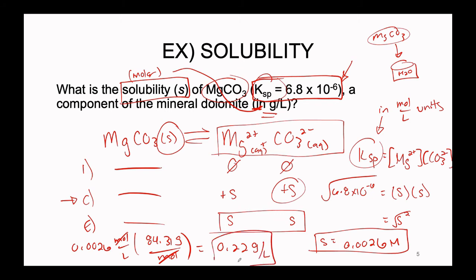measure for solubility. All right, so what all of this means is that we can take either 0.0026 moles of magnesium carbonate, or in a more conceptual measurement for us, a more direct measurement, 0.22 grams per liter, or grams of magnesium carbonate, and this would dissolve in 1 liter of solvent.